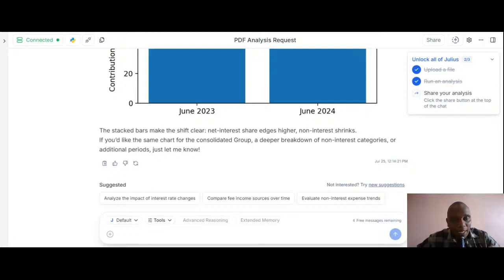Remember, I've said that the biggest challenge is that it is extracting data from the PDF. But if I had done an Excel, it would be quicker for the platform.